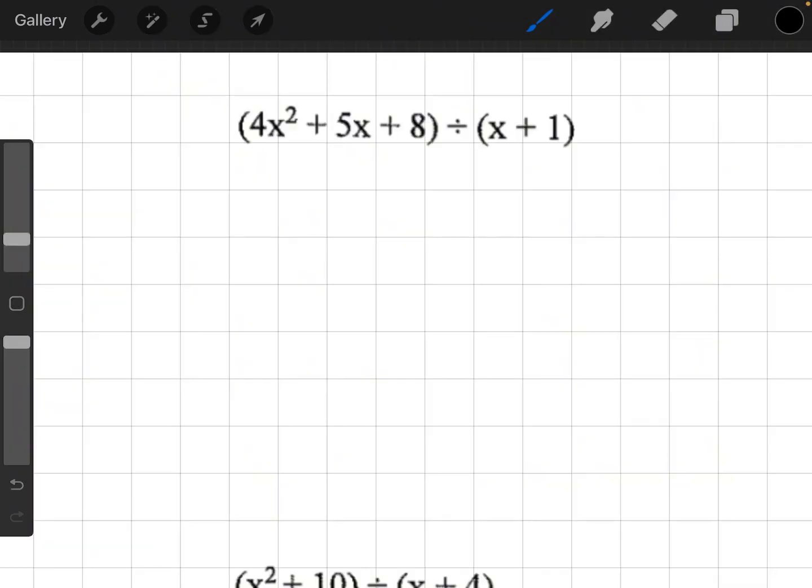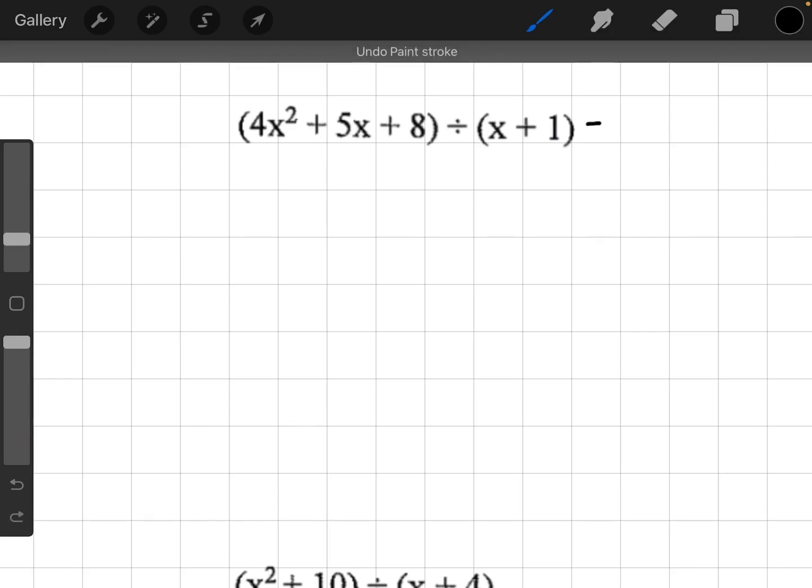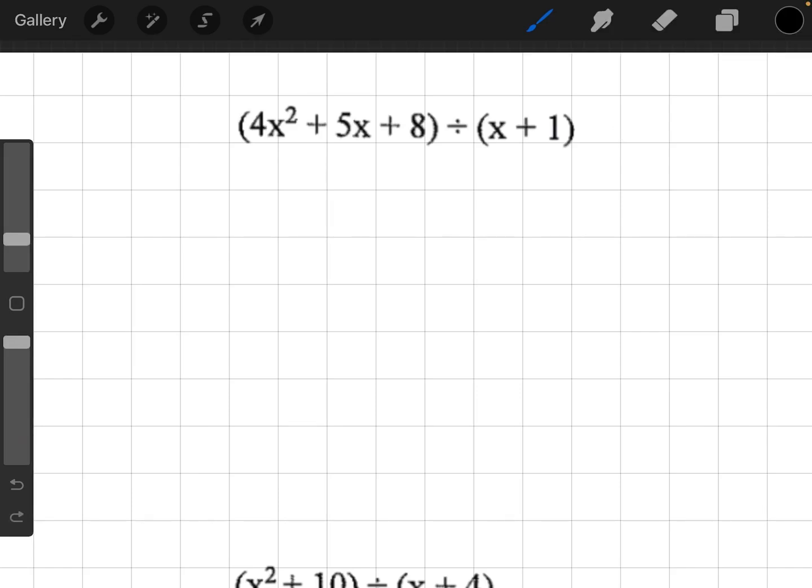Another example, to find the root, we'll set this equal to 0. The statement x plus 1 equals 0 becomes true if x equals negative 1. So write the root on this side. Then we'll bring down the coefficients. Coefficient of the first term is 4. The second term is 5. The last term is 8.